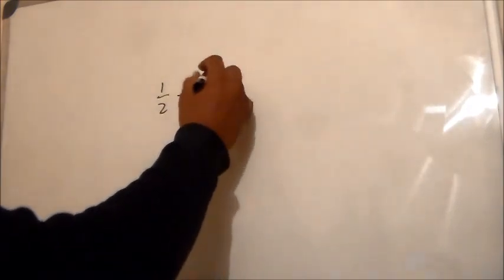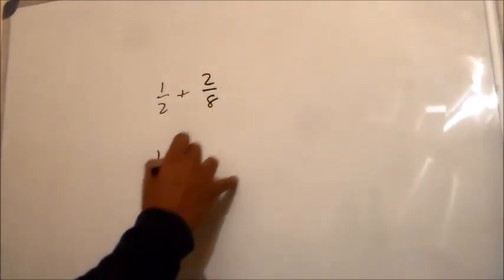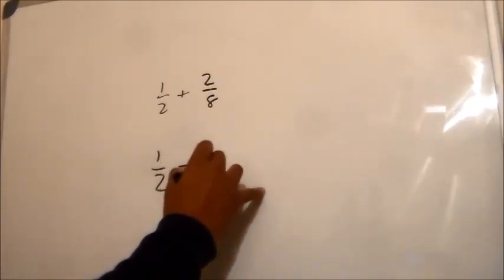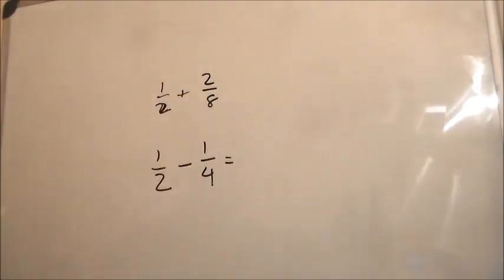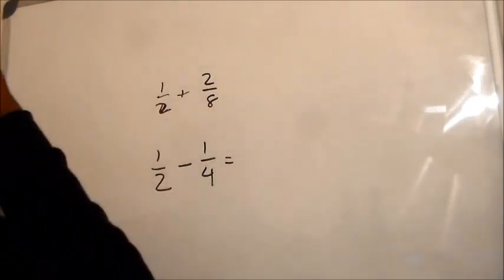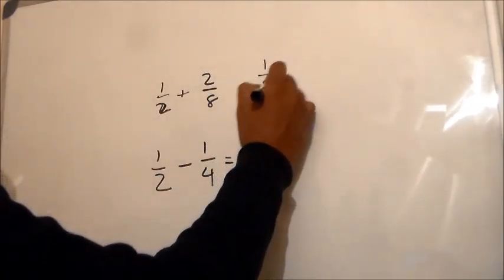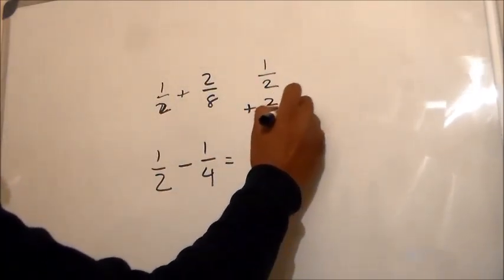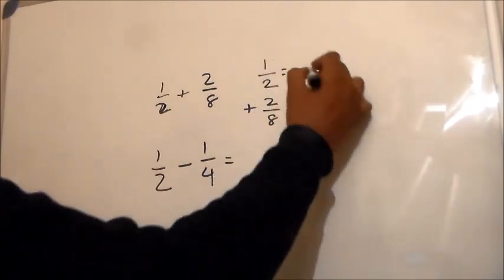Again, 1/2 plus 2/8, and let's say 1/2 minus 1/4. My method, you can do it the old school way if you want. I'll do the old school method and what I call the new school method. Okay, so cross multiply, no, we're doing it the old way, I'm sorry. It's 2/8. 8 will be the common denominator between 8 and 2.